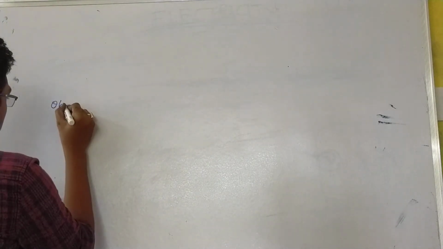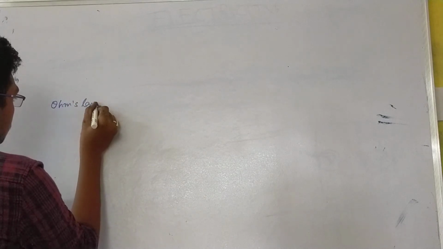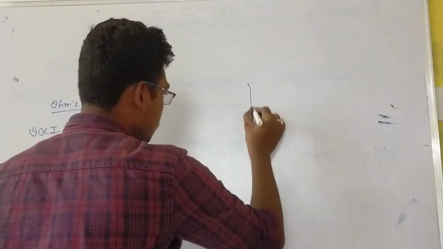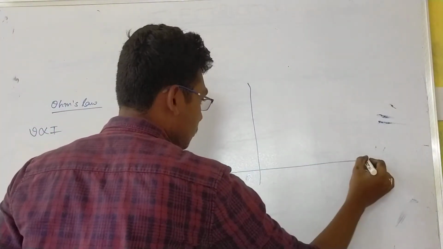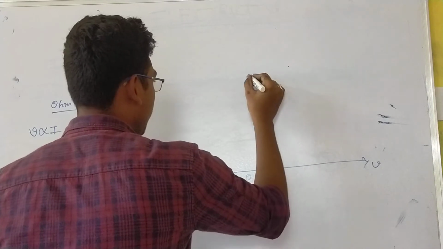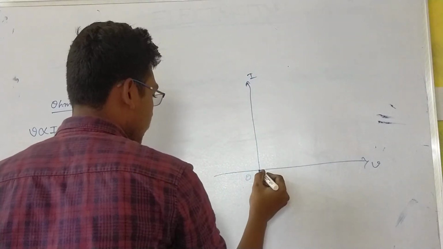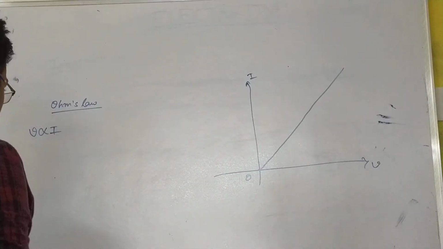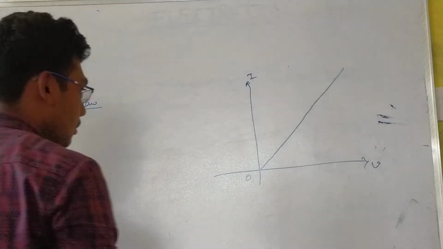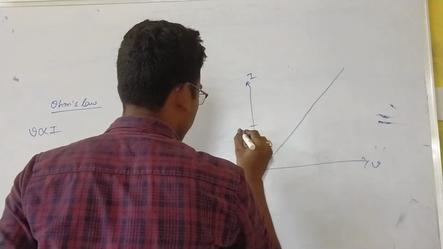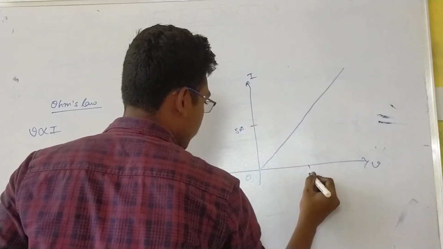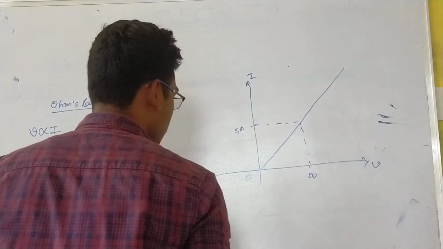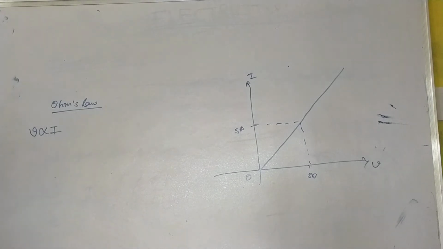According to Ohm's law, V varies as I. If we draw a graph, this is the origin, this is voltage V, this is current I. It would be a straight line passing through the origin. Suppose this is 5 amperes and this is 5 volts. If we draw a line, this is Ohm's law.